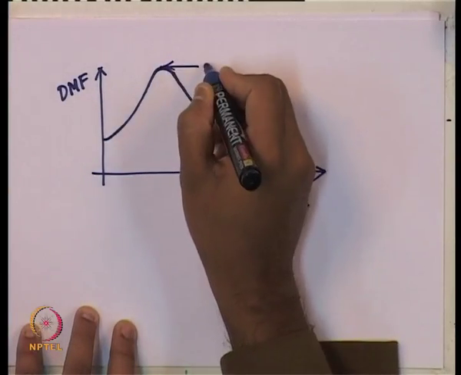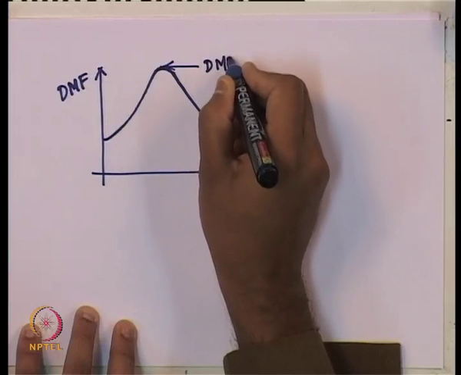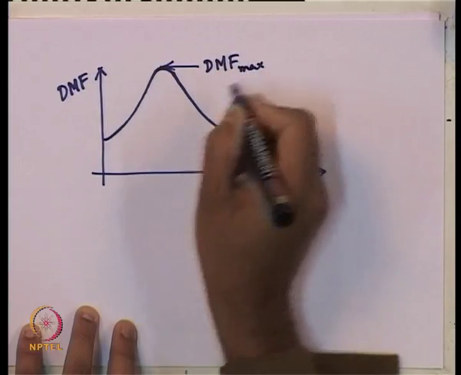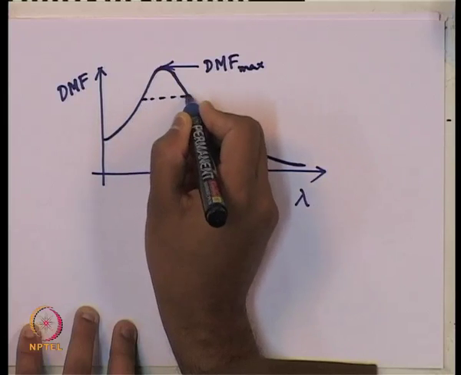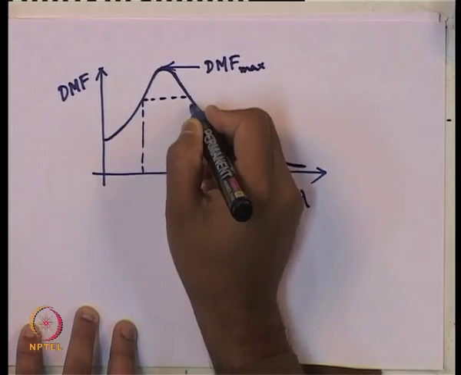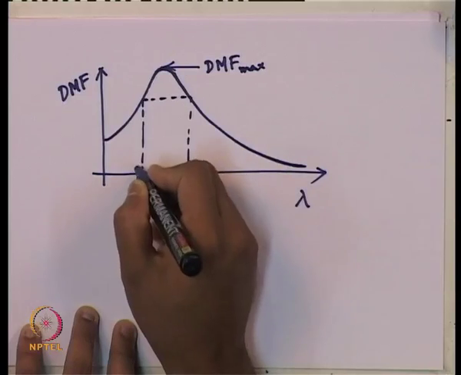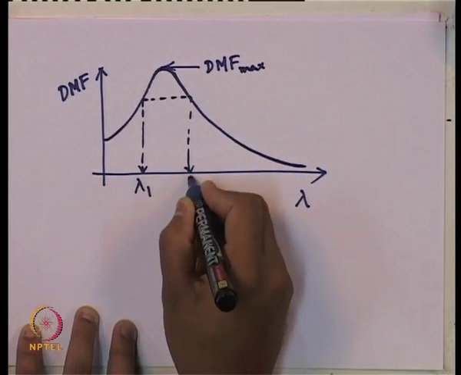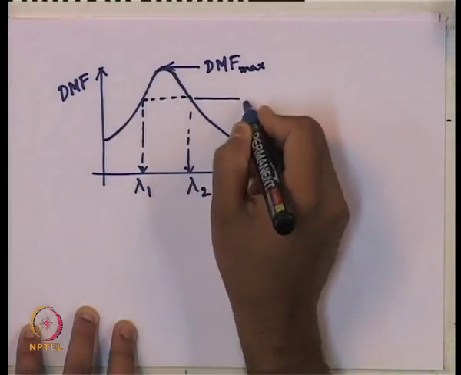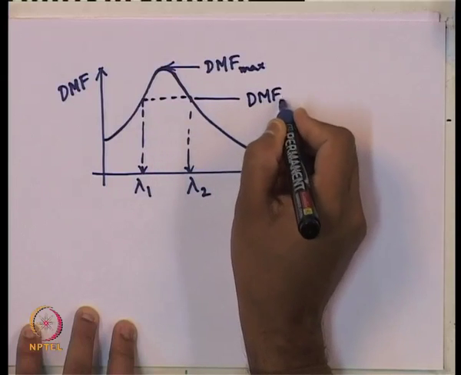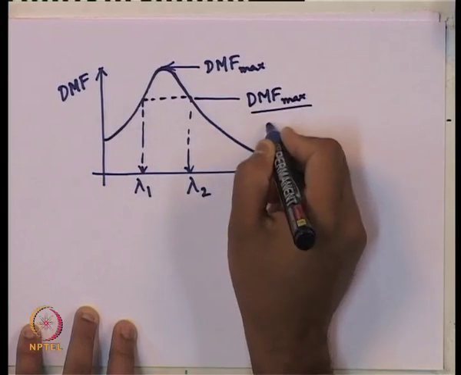We have DMF max here, and we have these two values lambda 1 and lambda 2 for DMF max by root 2.